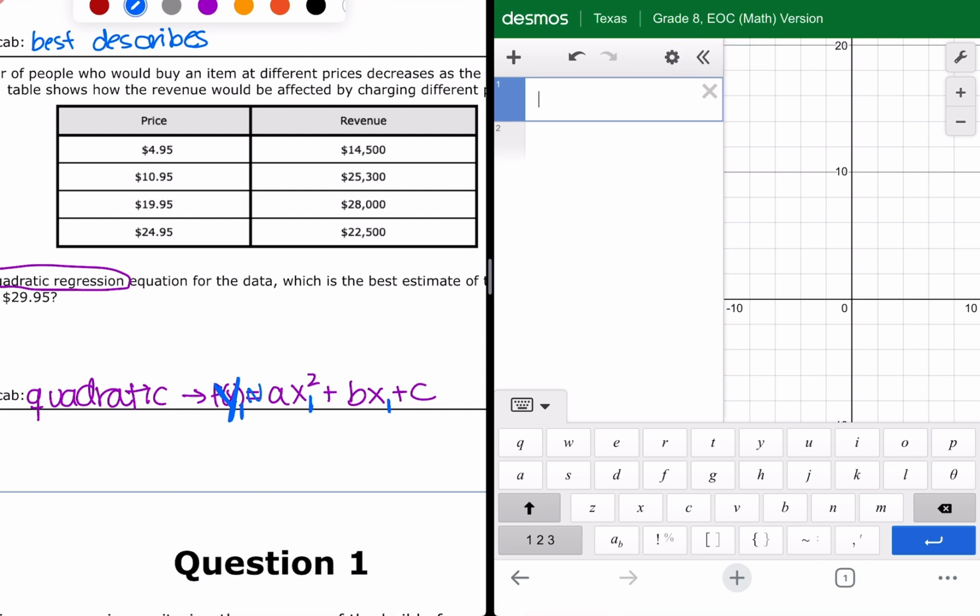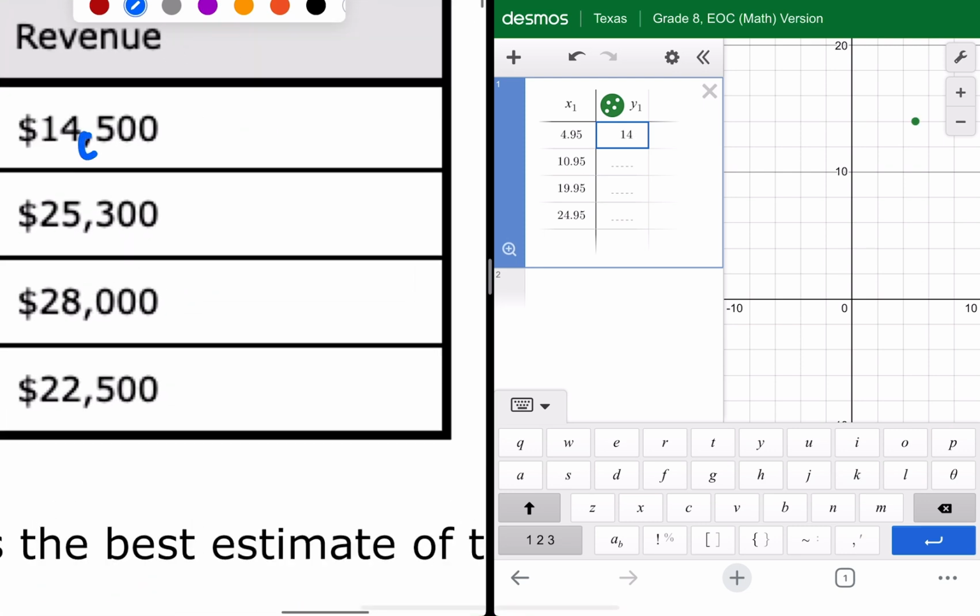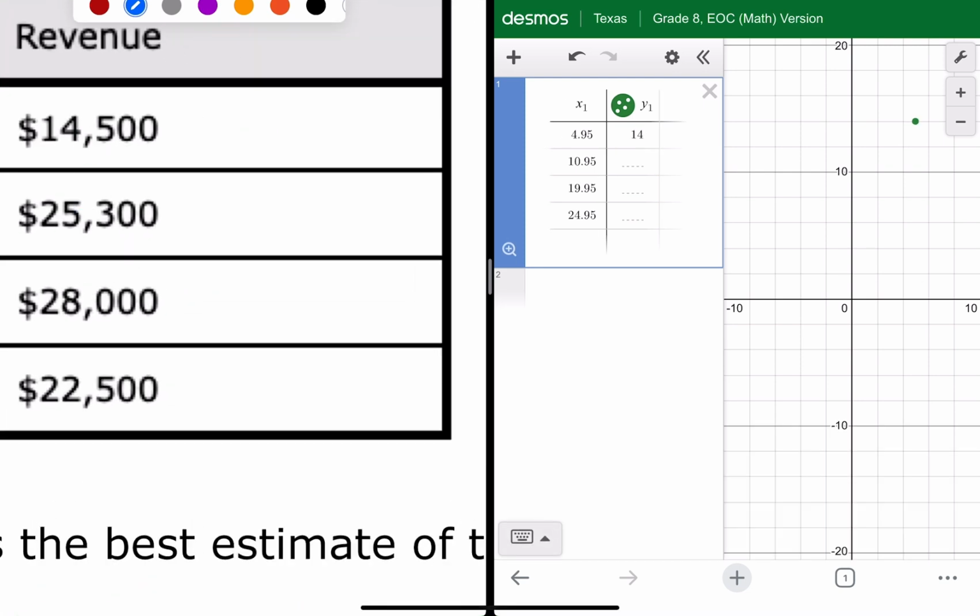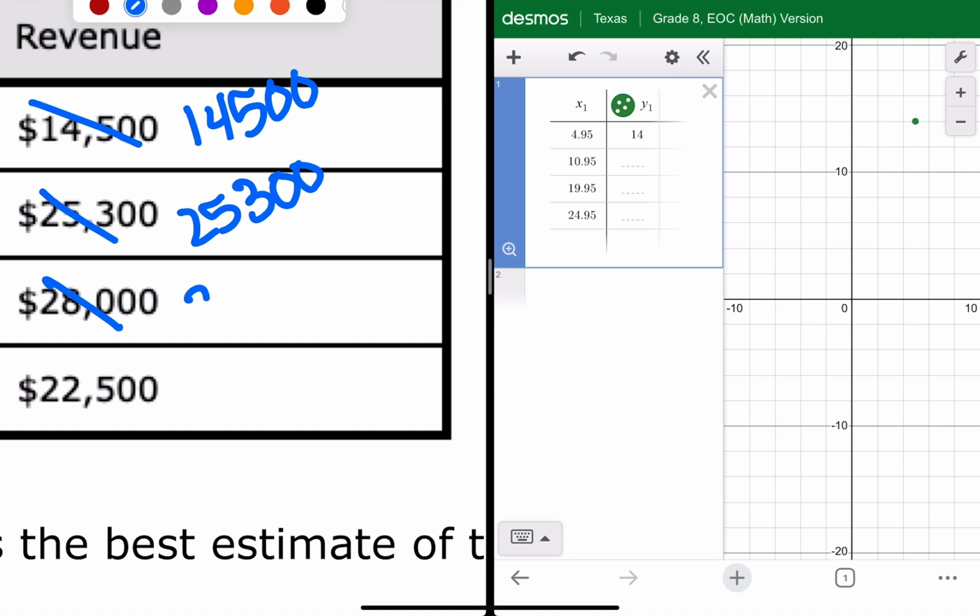Our first one is, I didn't even press table. 4.95, 10.95, 19.95, 24.95. Then my y values is 14. This is super important right here. See these commas? We are not putting them. It is just going to be 14,500, 25,300, 28,000, 22,500.